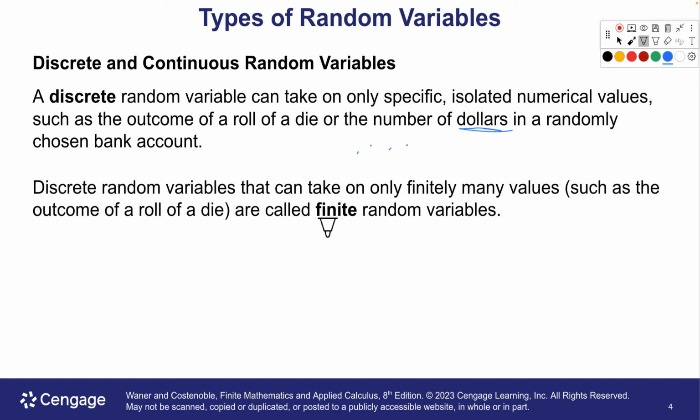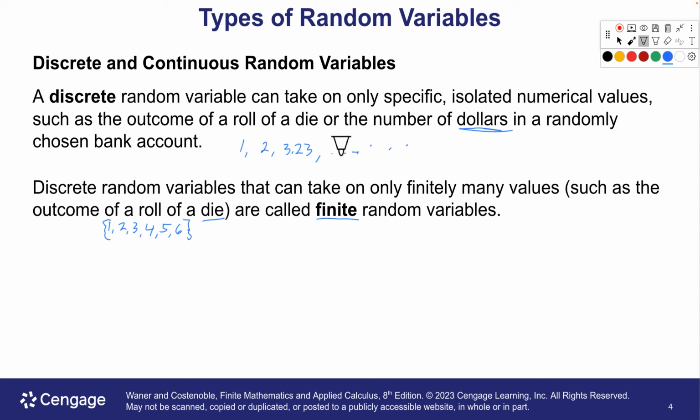The finite random variables would be like the roll of a die, because it's limited to 1, 2, 3, 4, 5, and 6, and that's all you can do. There's no unlimited. And the dollars would be $1, $2, $3.23, and so forth, and actually a lot in between, but we get a dot dot dot, right? There's no end to it.